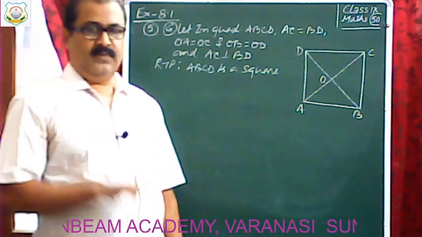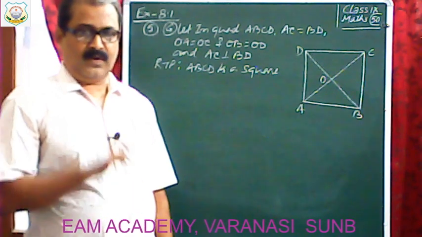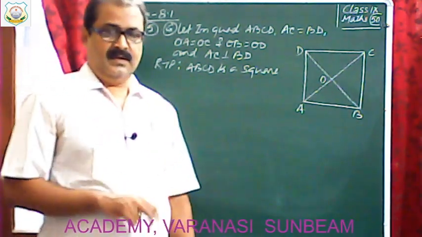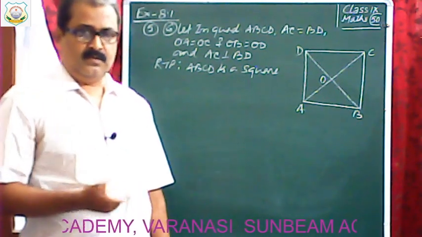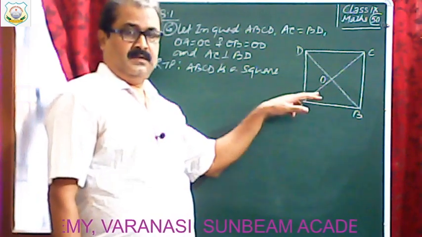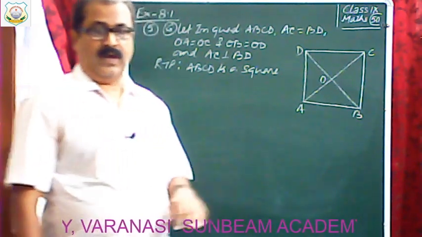In this way, if we get one of the angles of a rhombus or a parallelogram is 90 degree, then remaining angles also being 90 degree, means then rhombus is a square.